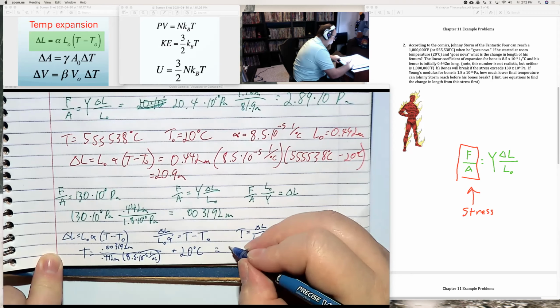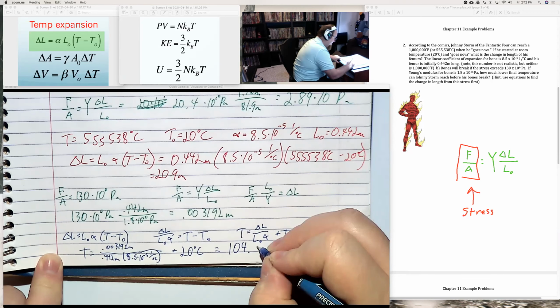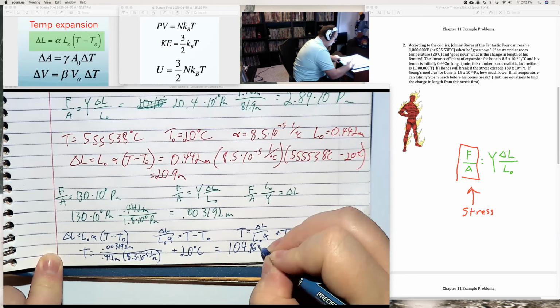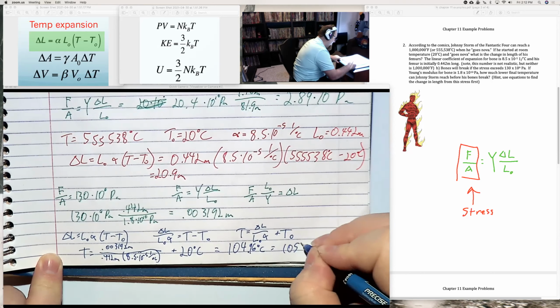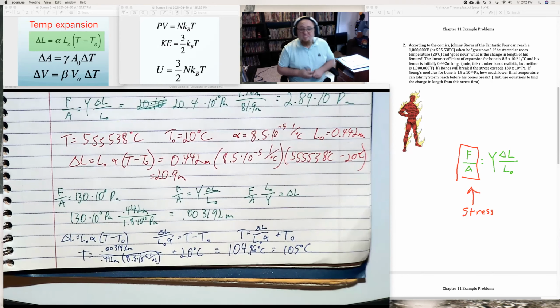And you'll get 104.96 degrees Celsius, or 105 degrees Celsius, which still is pretty hot.